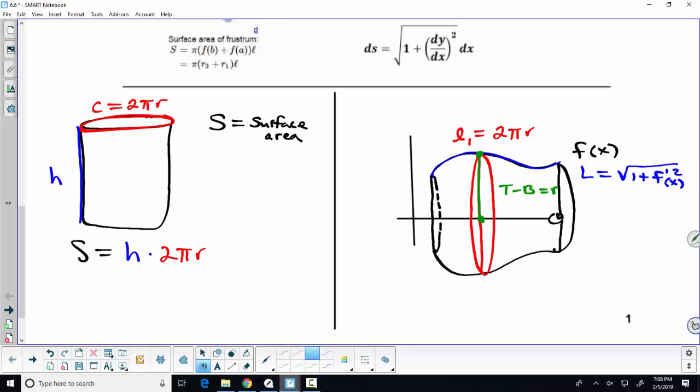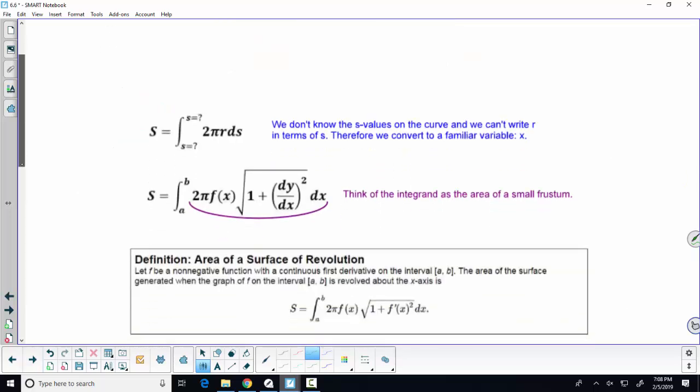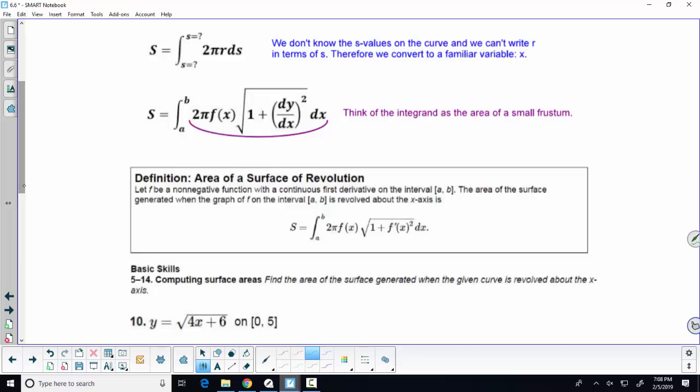So that's what you get on the next page. Here's more derivation from your textbook. The surface area via revolution: 2 pi r, which is f of x minus 0, top minus bottom, times the arc length. That's the surface area formula.